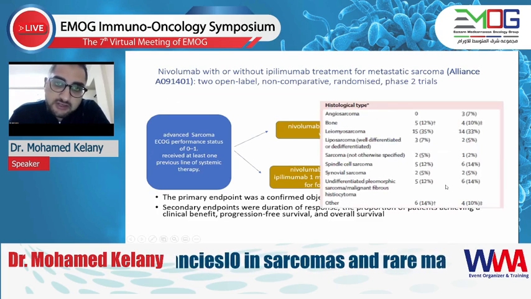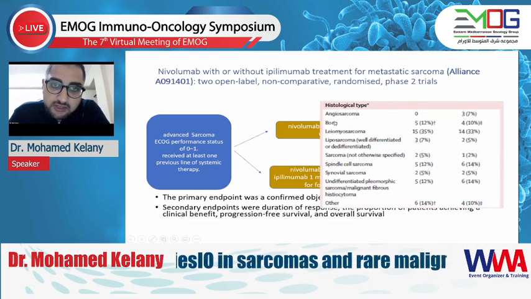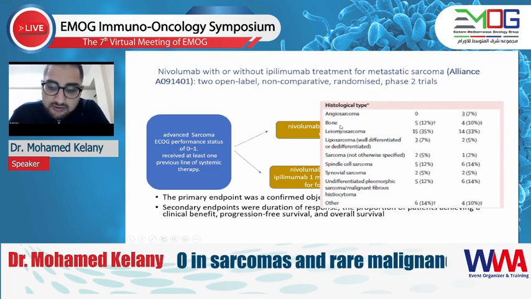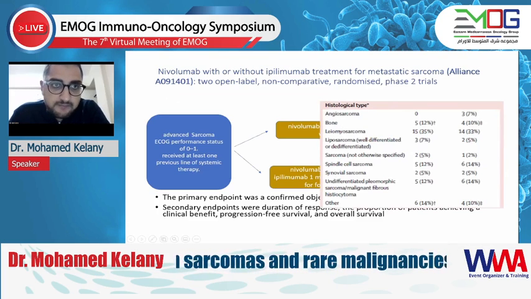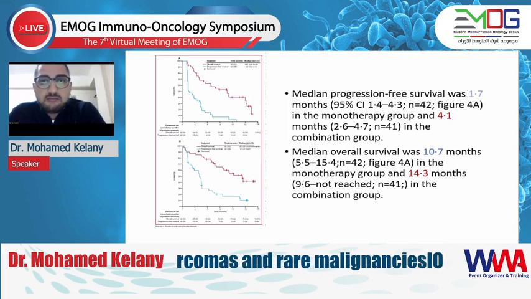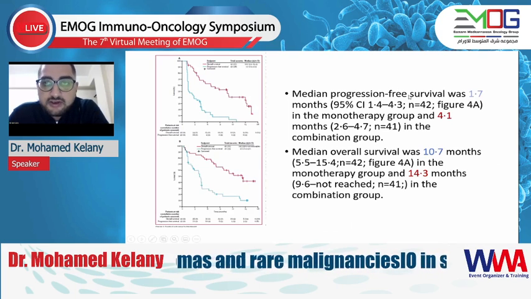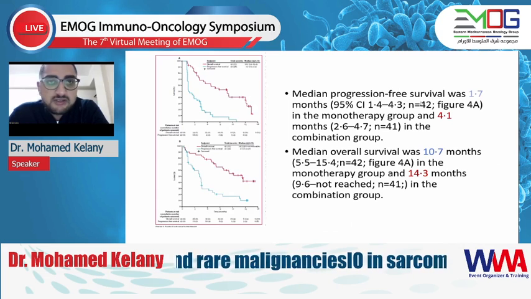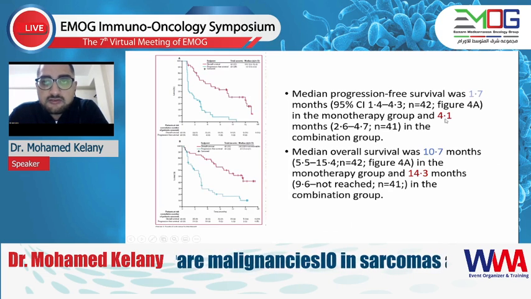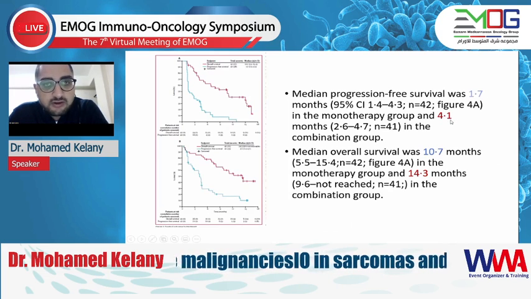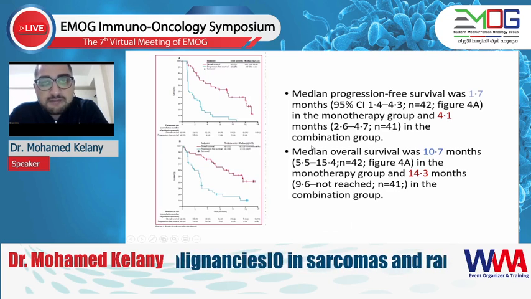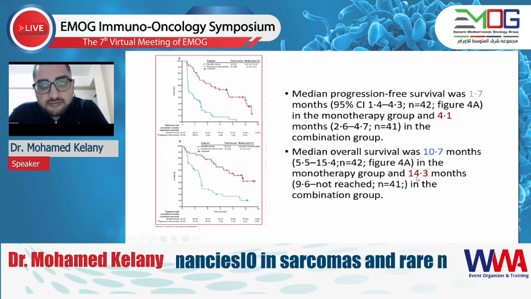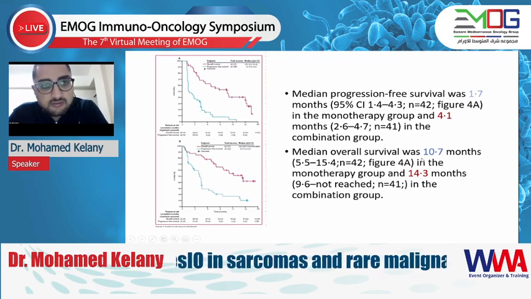If we see the patient characteristics, this also included bone sarcoma in the patient population subtypes. The median progression-free survival was 1.7 months in the mono arm in comparison to 4.1 in the combo arm. And again, the combo arm is better for overall survival, 14.3 months versus 10.7 in the mono arm.